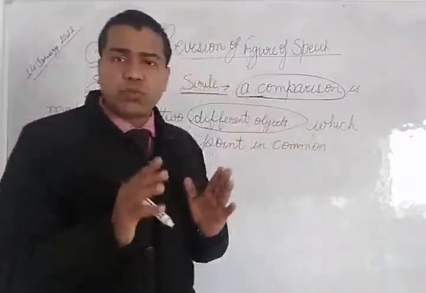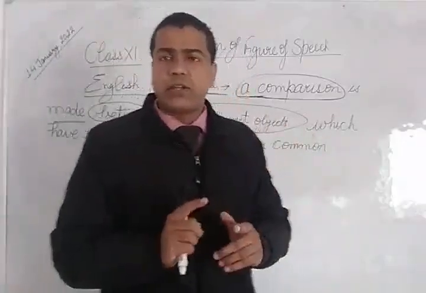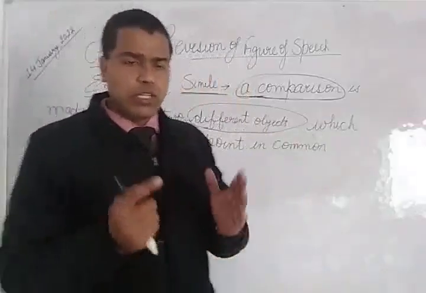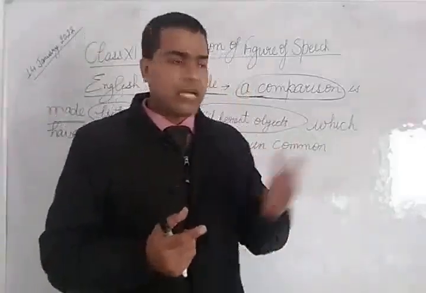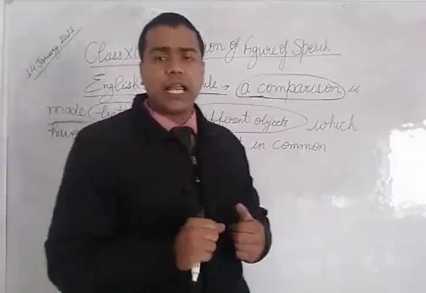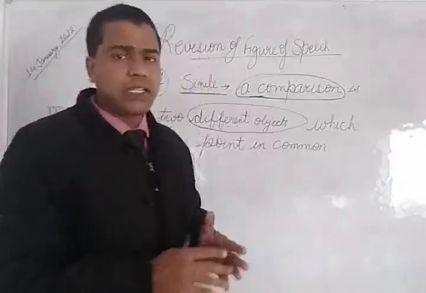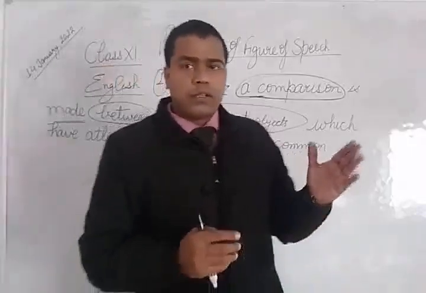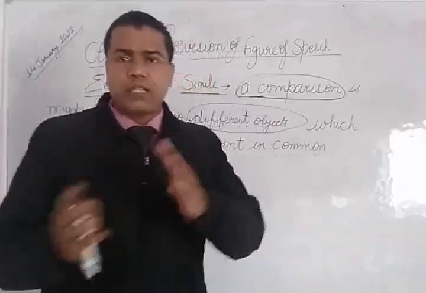Means both objects should be different. Not that you are taking the same thing in one hand and the same thing in the other hand, and then you are comparing that. Yes, I am comparing this duster with the other duster.